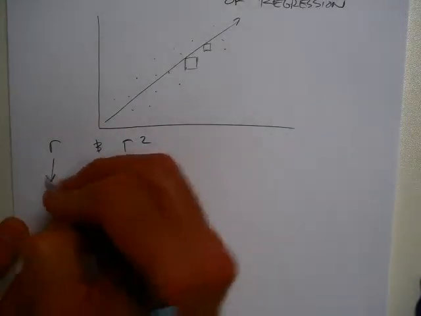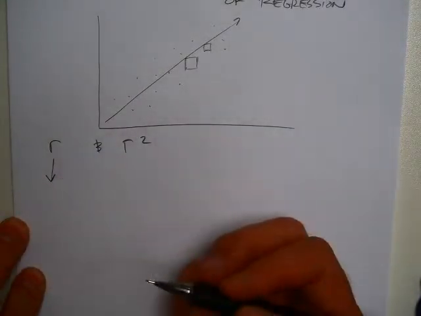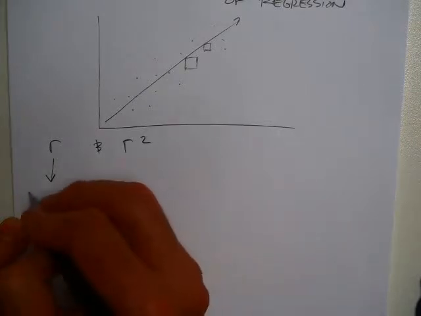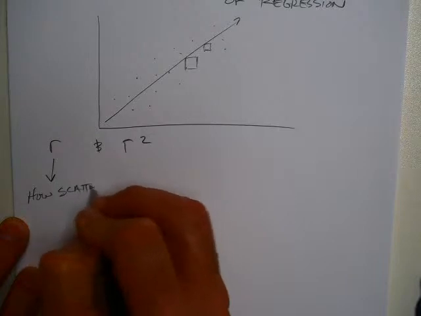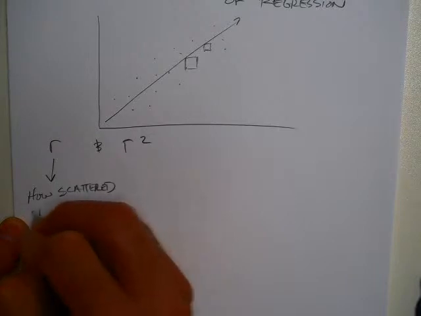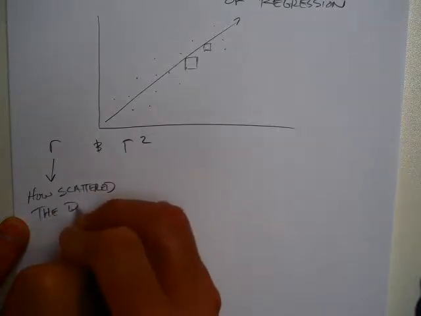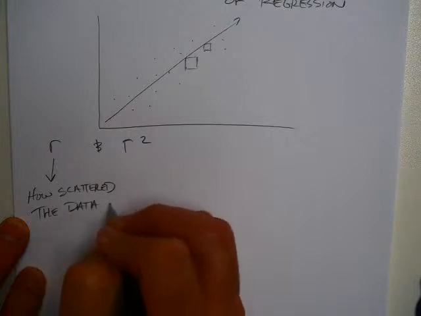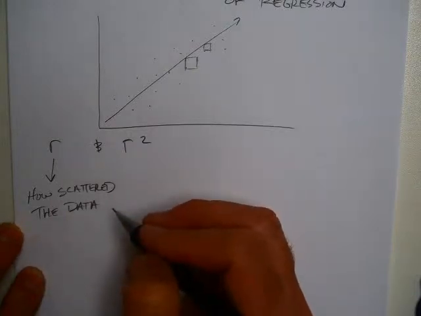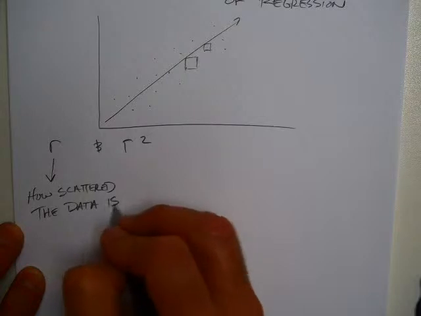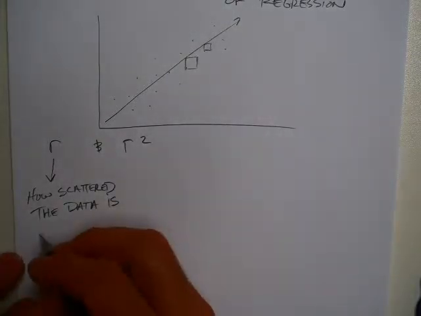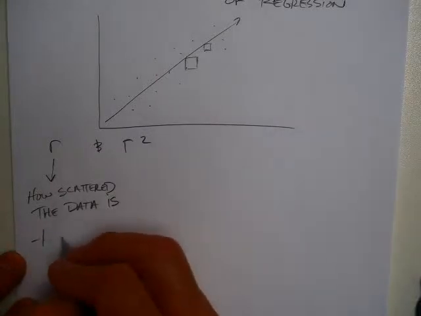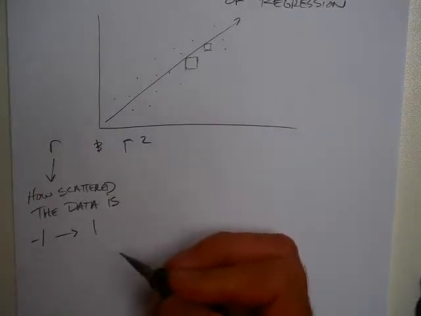So remember, r is how scattered the data is. And remember, that has a limit from -1 to 1.